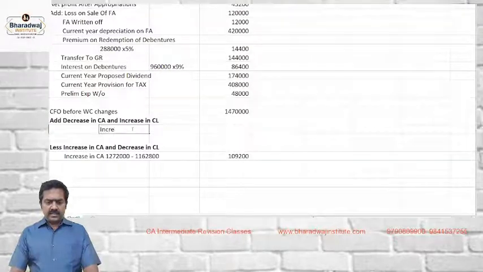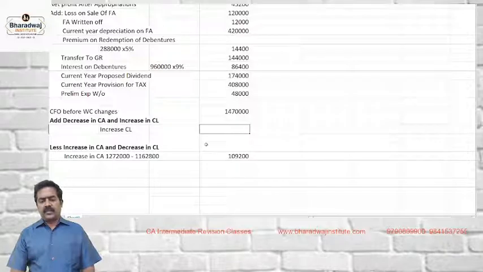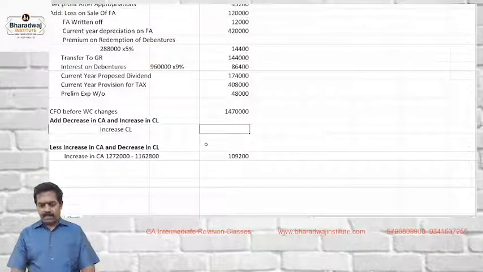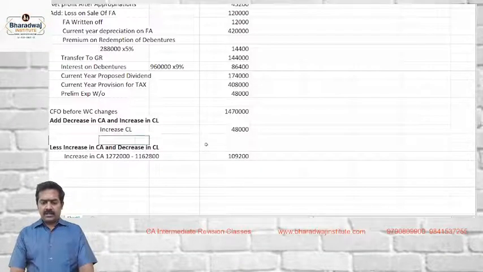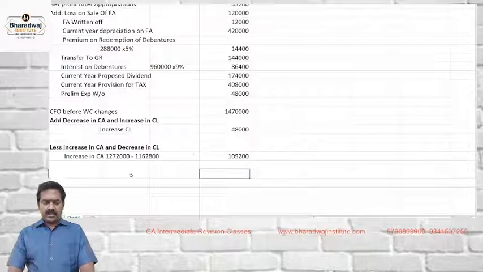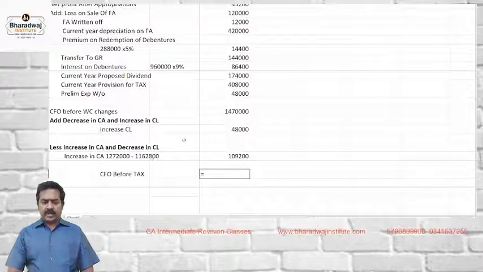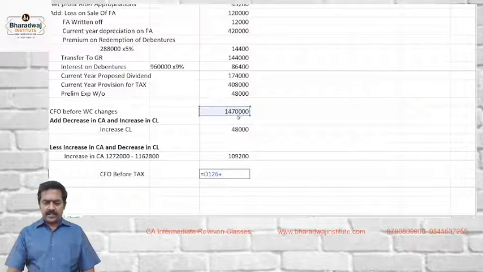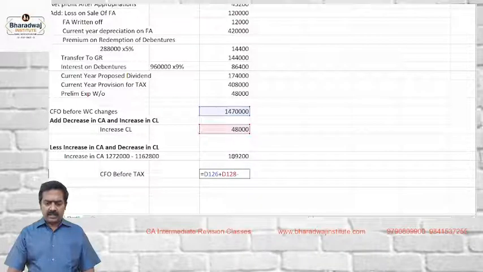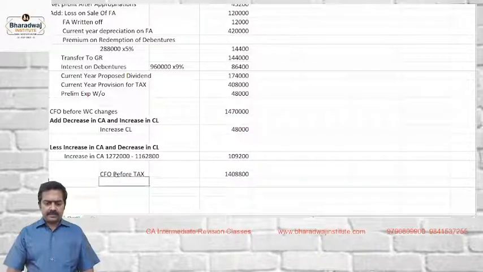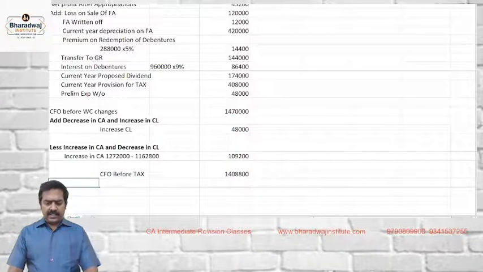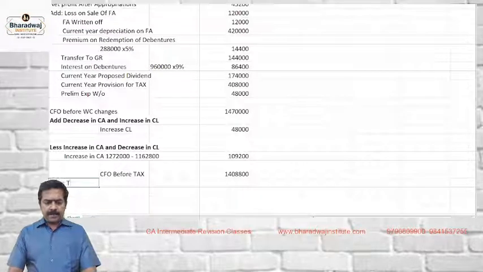So increase in current liability, that you can directly adjust and put. How much? 40. So adjust this, you will get CFO before tax. CFO before tax, before working capital changes, plus this minus this amount, less tax paid.